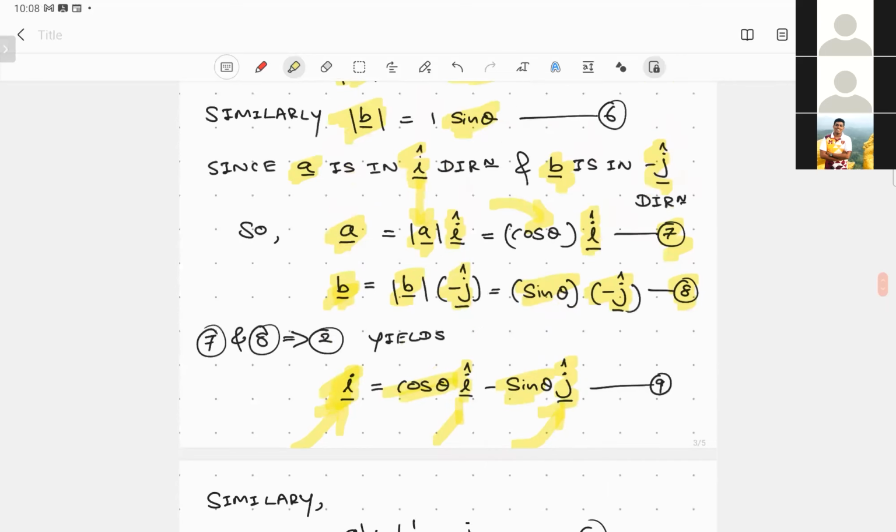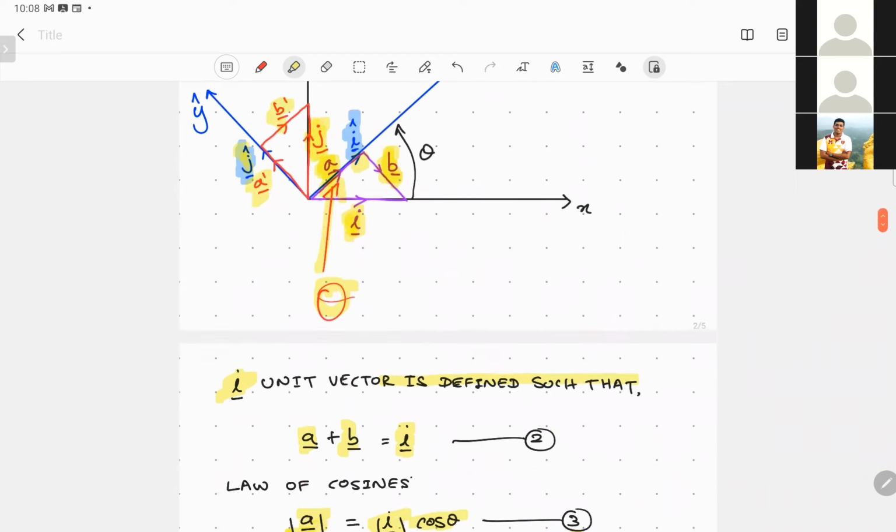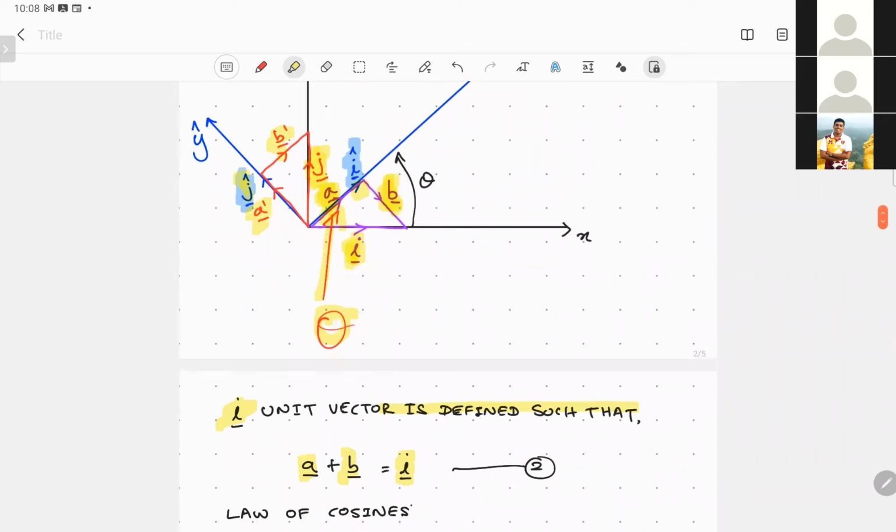In a similar way, you can do the same process to find the relationship, or define the j vector in terms of a hat and b hat, and obtain a relationship describing j in terms of i hat and j hat.